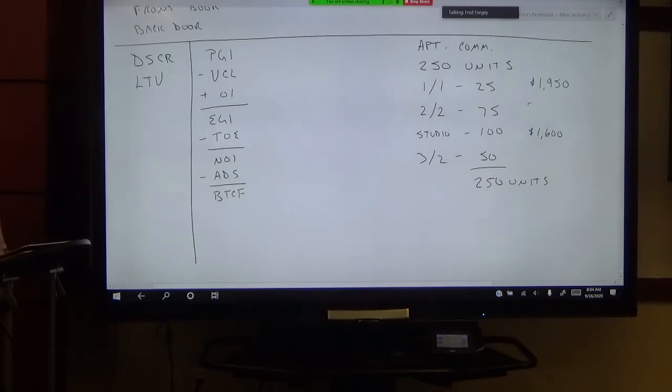Okay, 2-bedroom, 23. And 3-bedroom. 26. All right. We've got our base level data.